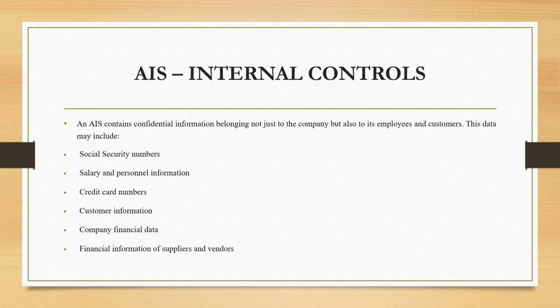The information may be social security numbers, the personal information of an employee, credit card details of a customer, customer personal information, the financial data of the company, and also information about suppliers and vendors of the business, and many other things may be included. This is somewhat of a list I have given. So this information should be very secure and should not be shared with others.